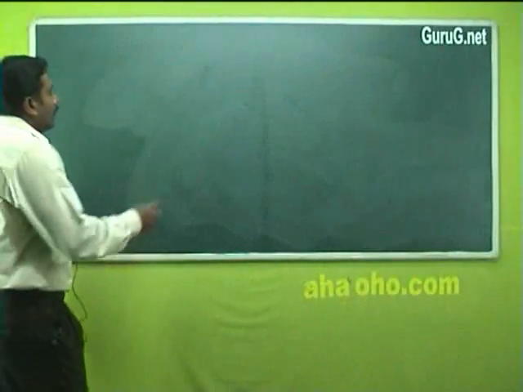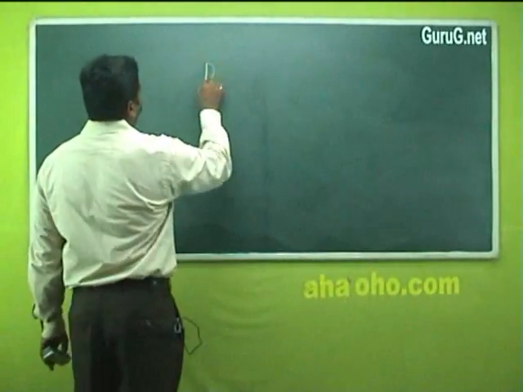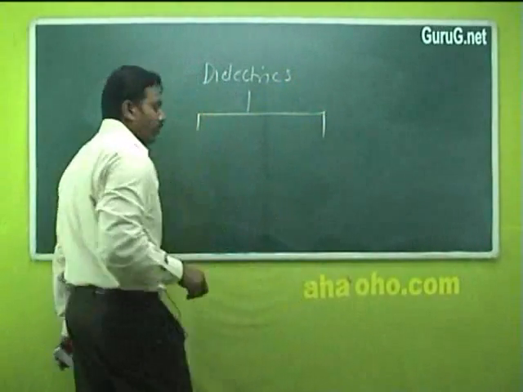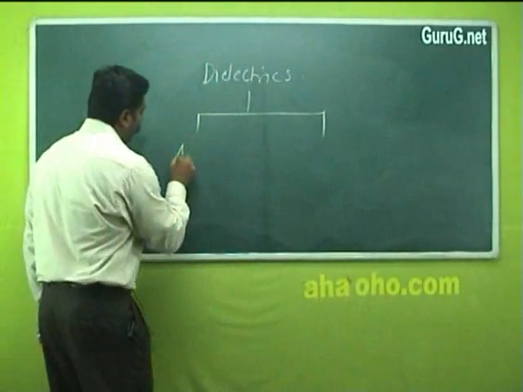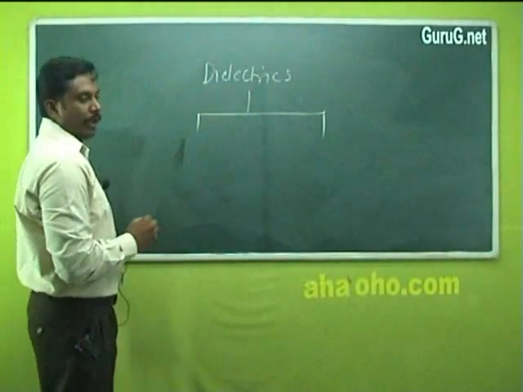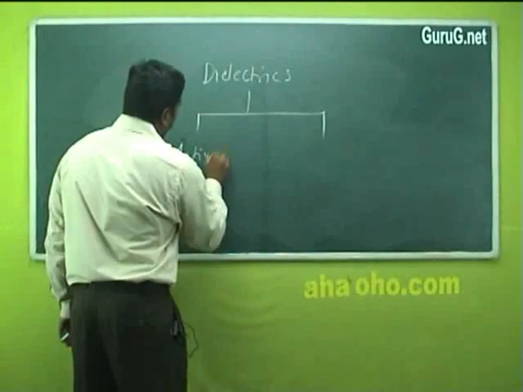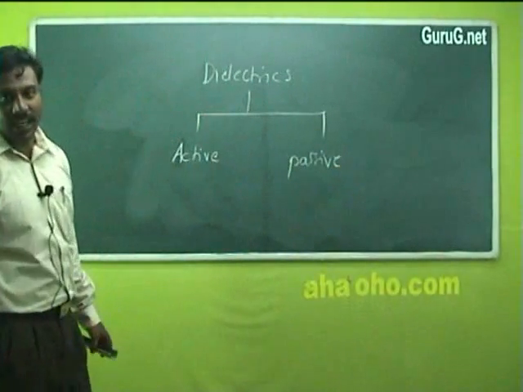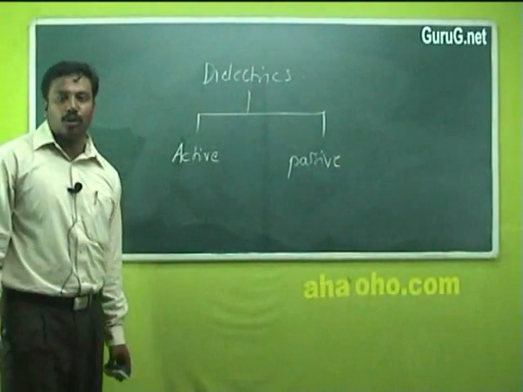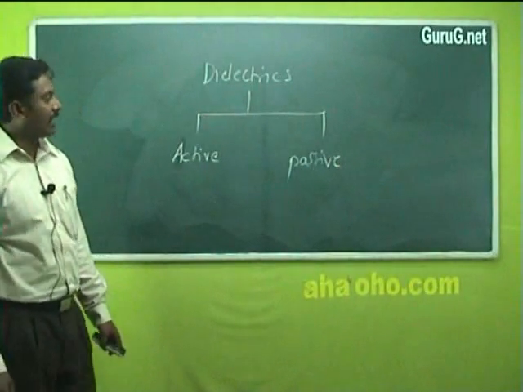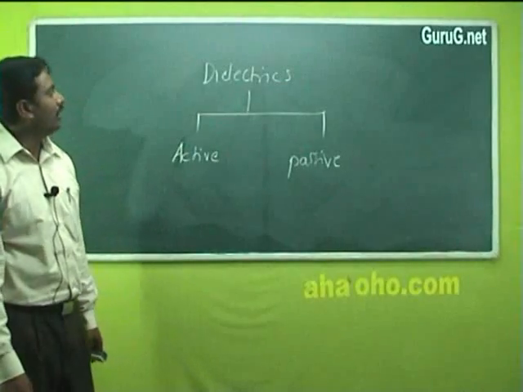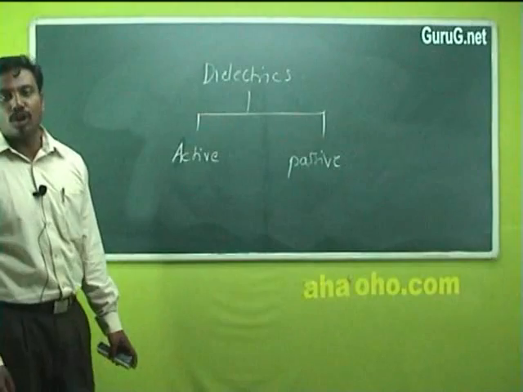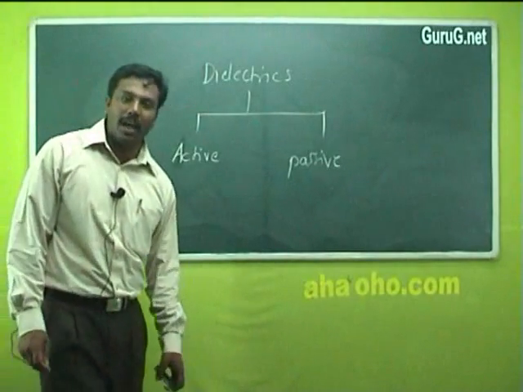Next, dielectrics can be classified into two different types: active and passive dielectrics. The dielectric material can be of any type. It may be a solid, a liquid, or a gas.